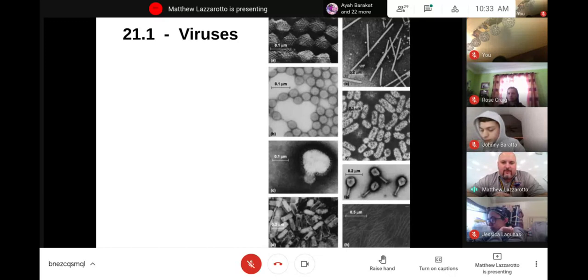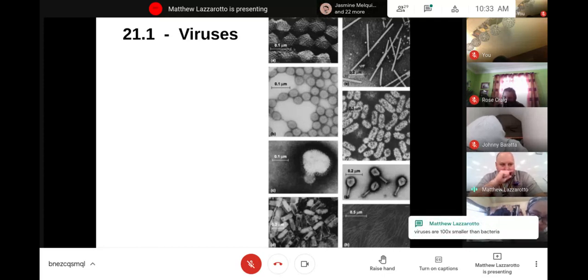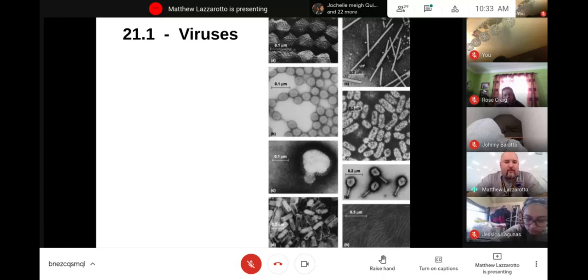So if you take a look at these pictures on the screen, you see a wide arrangement of different shapes of viruses. Please write this down. Viruses are 100 times smaller than bacteria. 100 times smaller than bacteria.